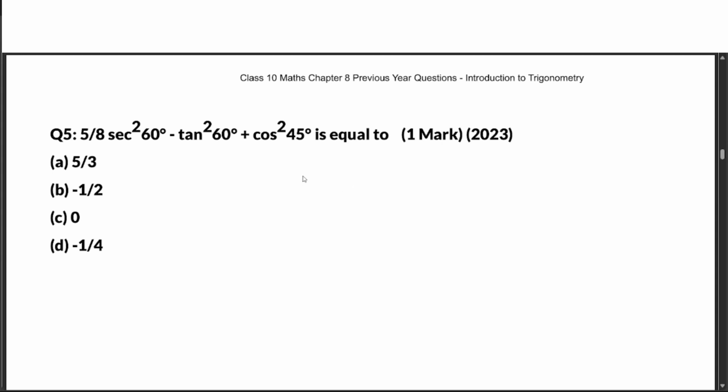Okay, so here directly we can first write the question. So we can say 5 over 8 sec square 60 degree minus tan square 60 degree plus cos square 45 degree.